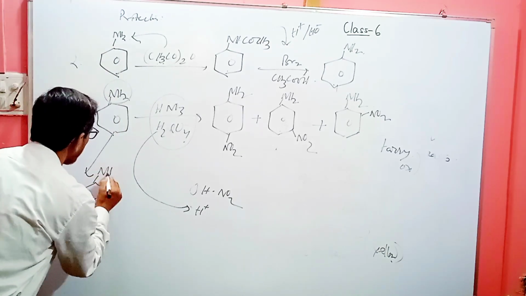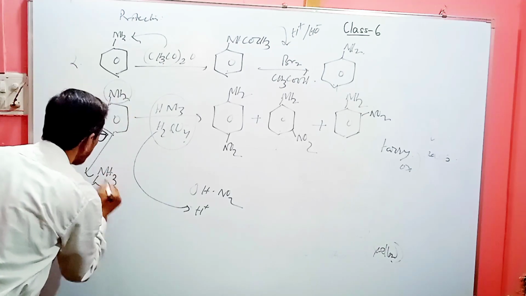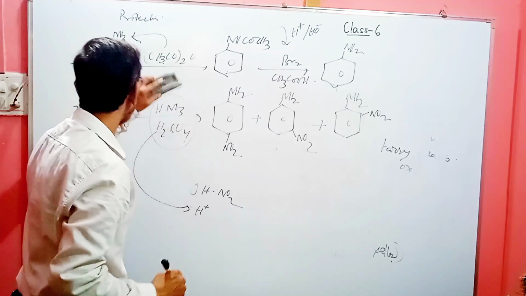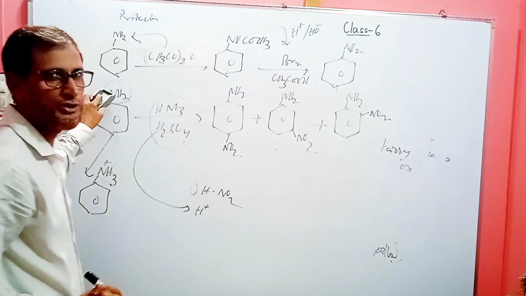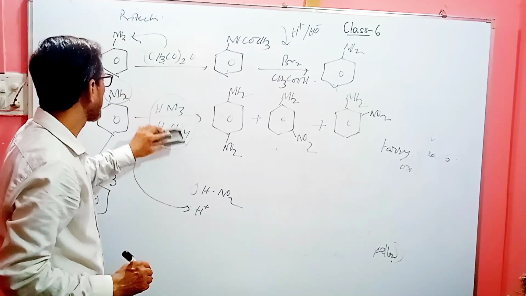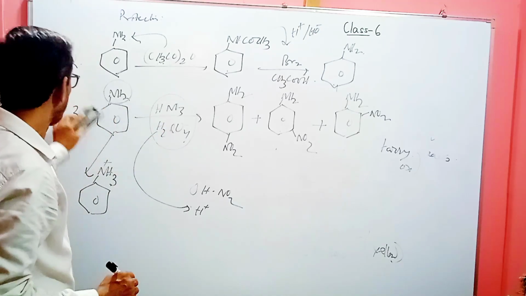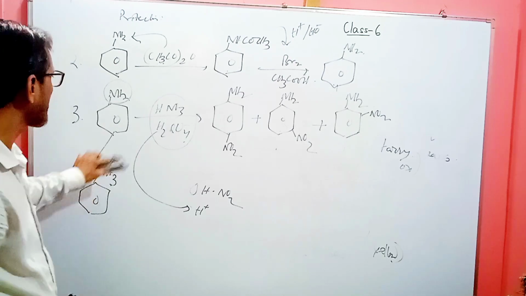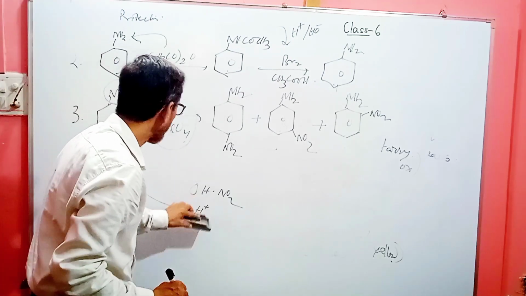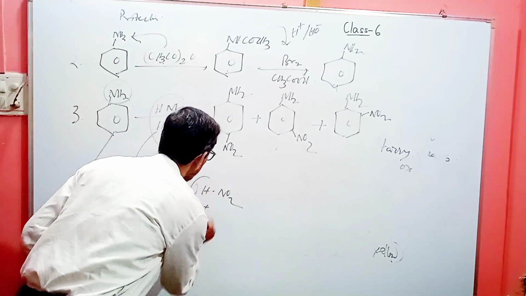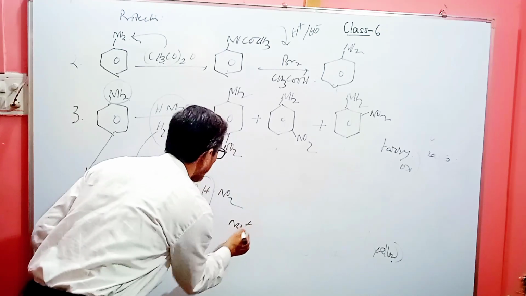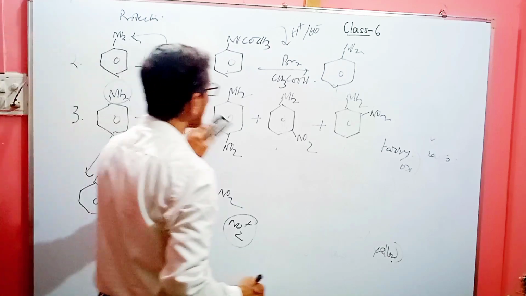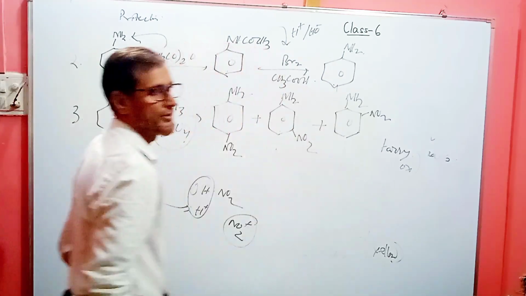NH2 becomes NH3+, and HNO3 gets protonated like this, and this becomes water. You get the NO2 electrophile. So due to this fact, we get unwanted substituted product.